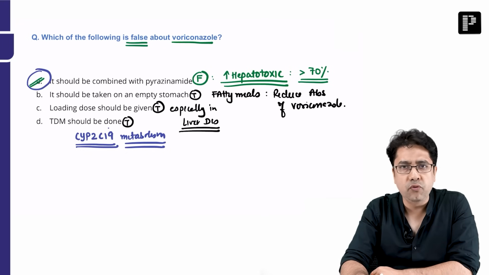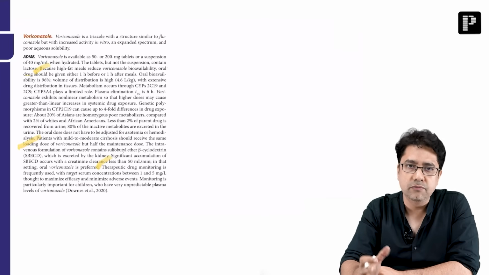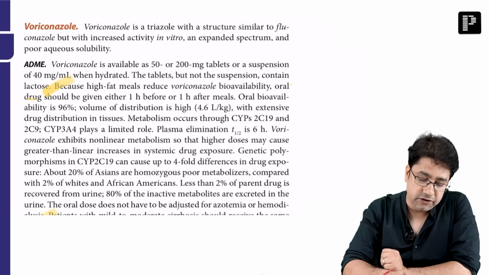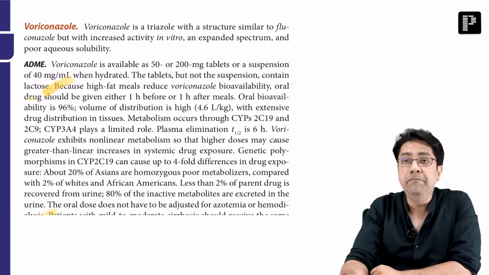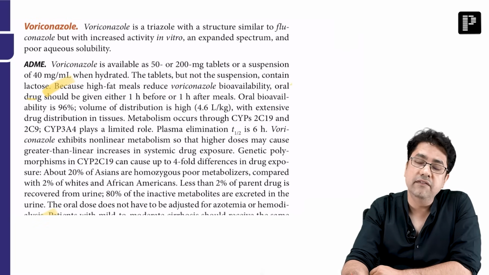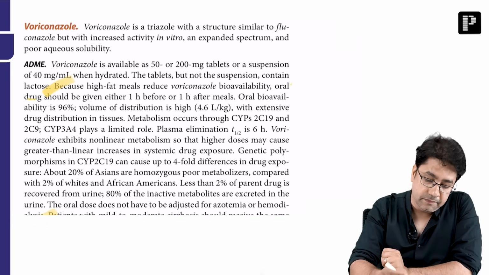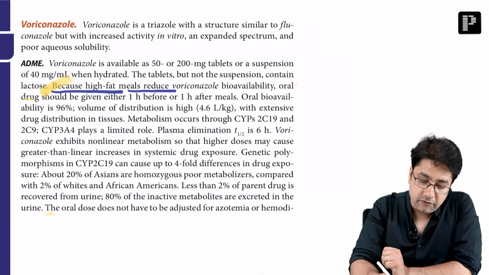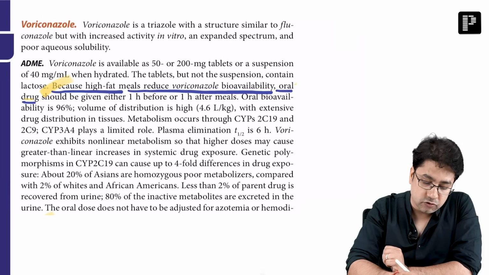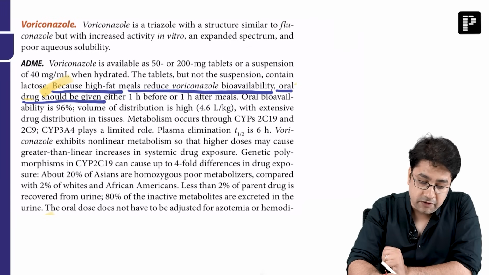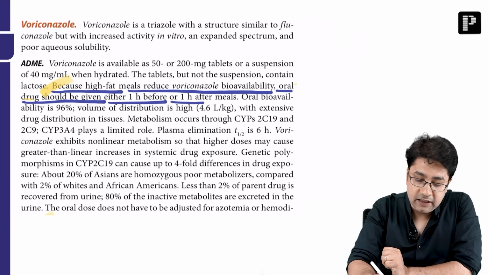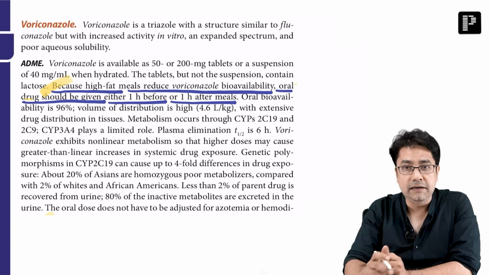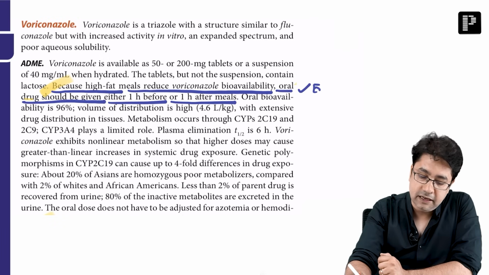So let's see the proof from our pharmacology book, Goodman and Gilman. The first question is whether it should be taken on an empty stomach or with meals. Because a high-fat meal reduces voriconazole bioavailability, oral voriconazole should be given either 1 hour before or 1 hour after the meal. That means it must be given on an empty stomach.